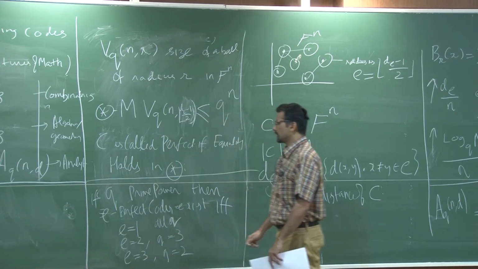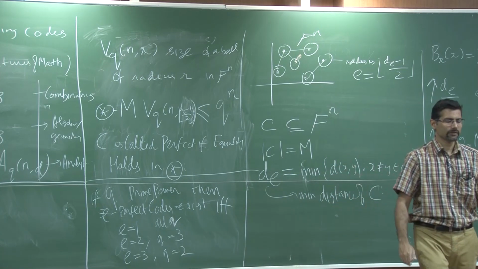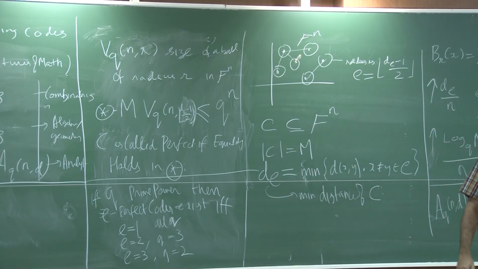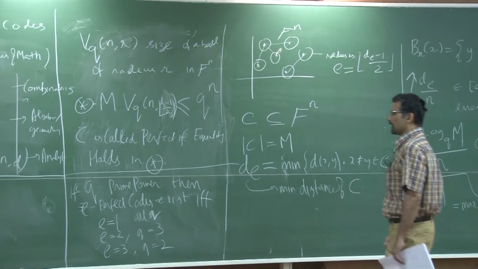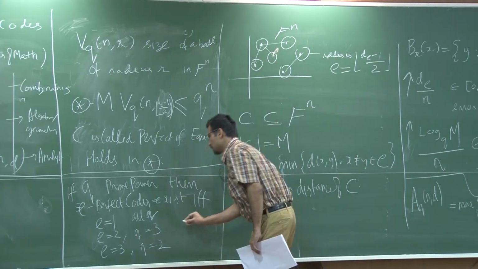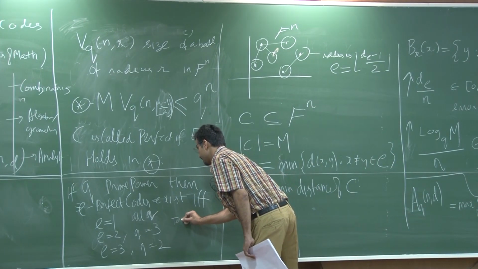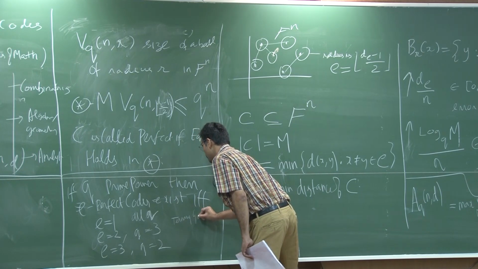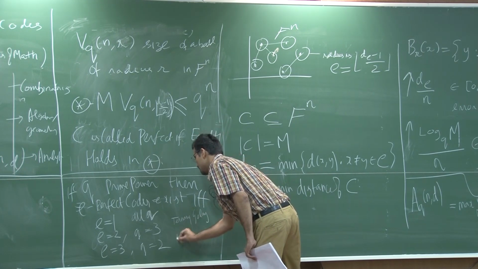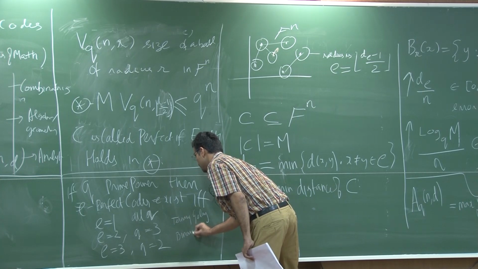So e is equal to 1: for all prime power alphabets, you can find perfect codes. If e is 2, there is only one example, called the ternary Golay code. There is also the so-called binary Golay code.